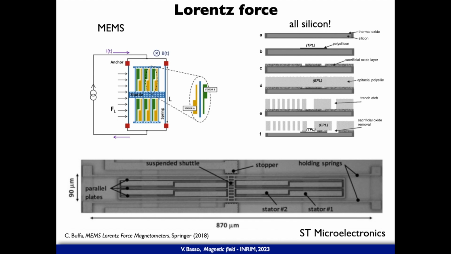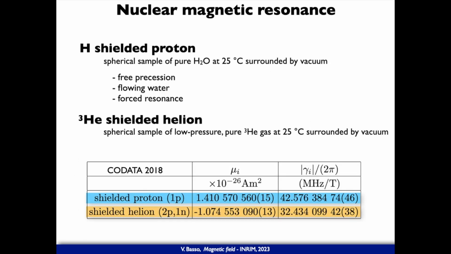Very interesting, but there are references here on the methods, and I also know that ST Microelectronics is developing this. Let's move on, and now we move to the nuclear magnetic resonance measuring instrument.